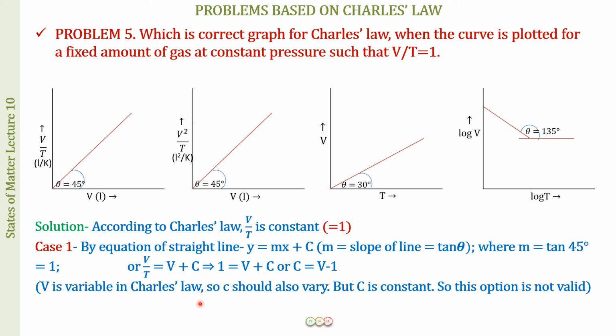So we can write this as 1 equal to V plus C, or C equal to 1 minus V. What this means is that if we change the value of the volume of the gas, this value of C is going to change. But in the equation of the straight line, C is constant. So this option is not going to be valid. Right? So now let us move on to the next part.